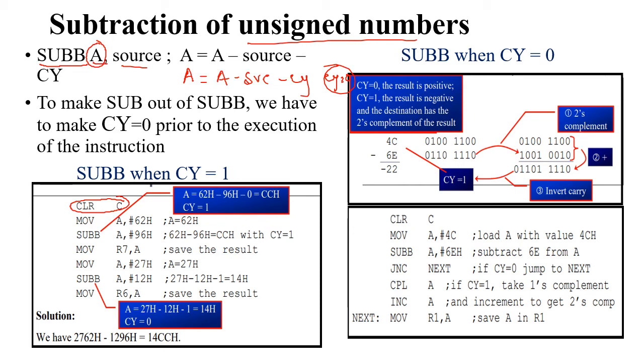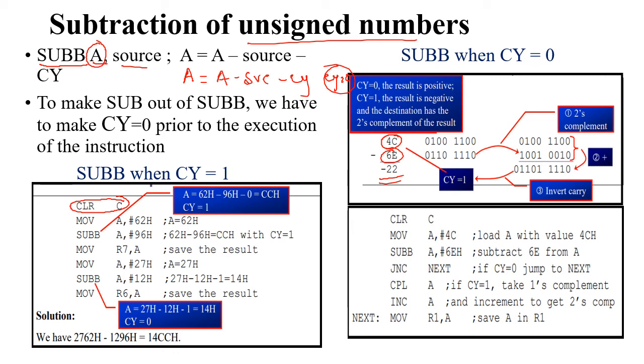Let us consider this example where 4C minus 6E equals minus 22. Here 4C is 0 1 0 0 1 1 0 0 and 0 1 1 0 1 1 1 0 is 6E. Since it is minus, we need to take the 2's complement of this number.